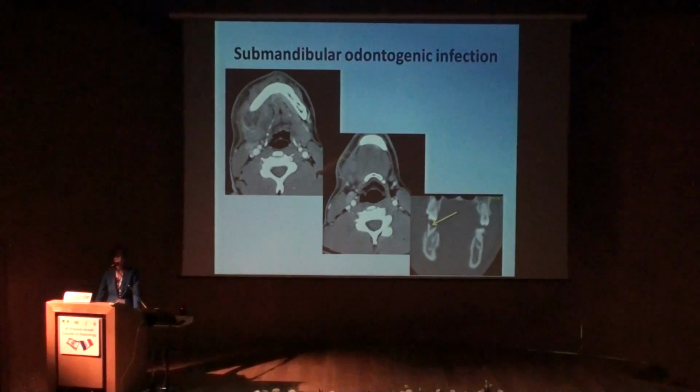And this is a case of a submandibular abscess that developed from a cavity in a 2nd or 3rd molar tooth in the lower mandibula. And you can also see the bony changes that are seen in such disease. It doesn't imply osteomyelitis.